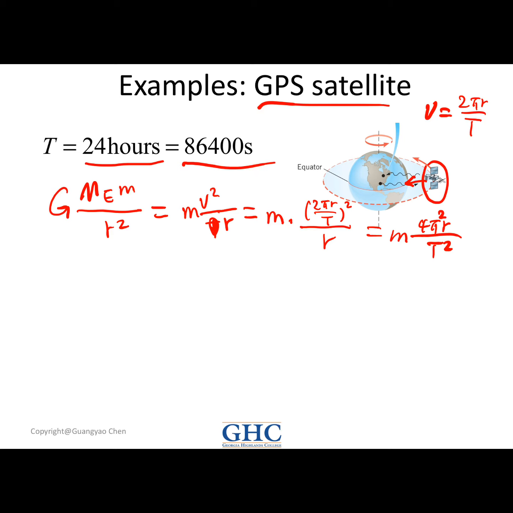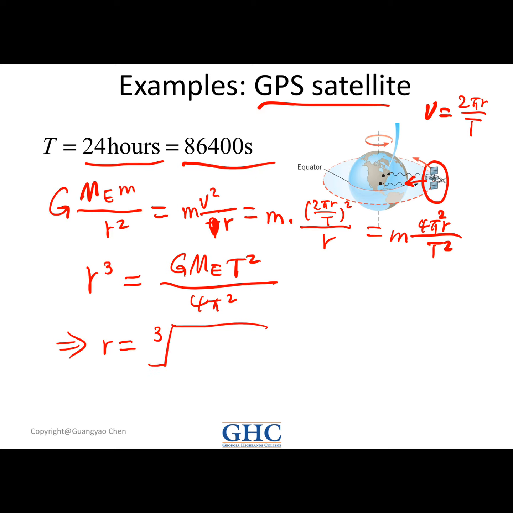You can solve for the orbit from the above equation. You find r cubed should equal G times mass of Earth times the period of the satellite squared, over 4 pi squared. So r is the cube root of G M_e T squared over 4 pi squared. You plug in all the numbers, and you find it is roughly 4.2 times 10 to the 7 meter.